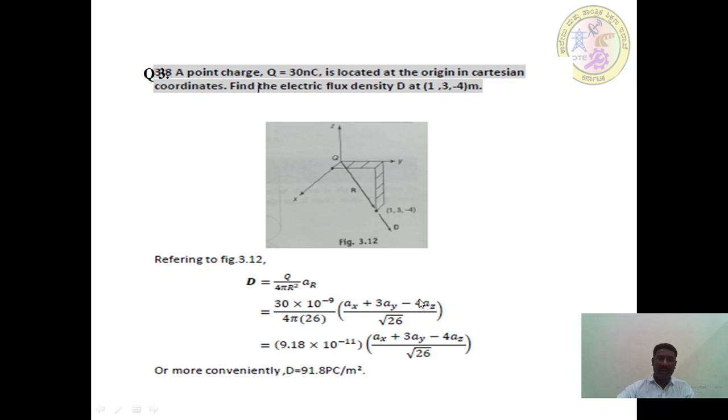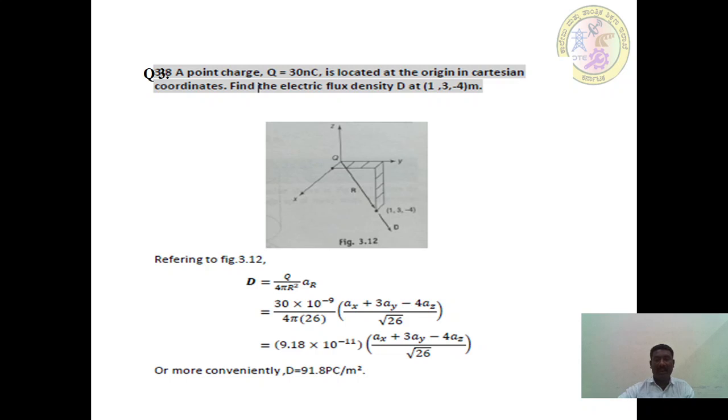Here, the very important thing is that whatever value is given, you should write the basic formula or basic equation and try to substitute the values. Automatically you are going to get some idea and you can solve the problem very easily.